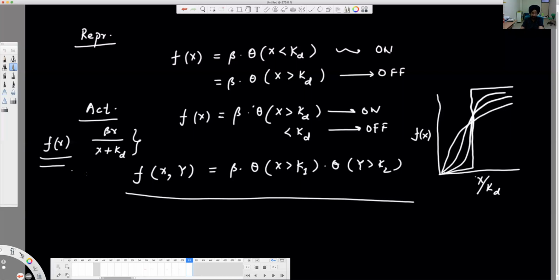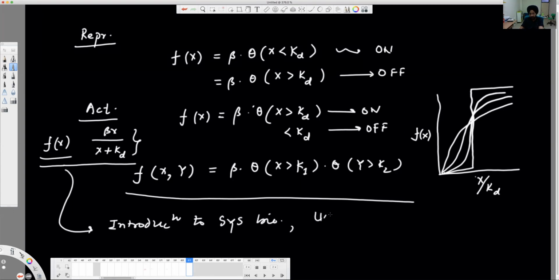I roughly remember this is the equation, but I will confirm this in the next class, and I'll give you the citation. The citation is the following: Introduction to Systems Biology by Uri Alon.